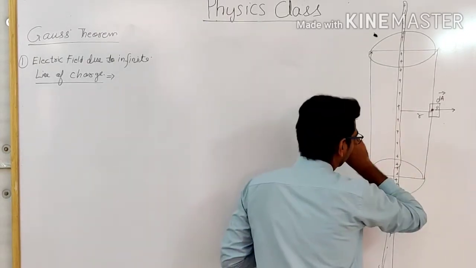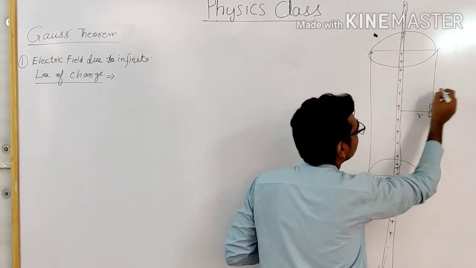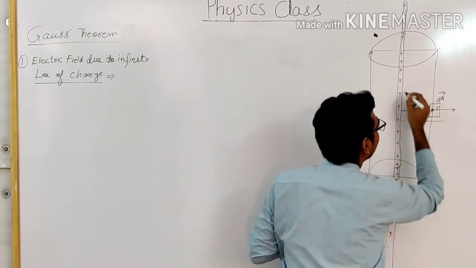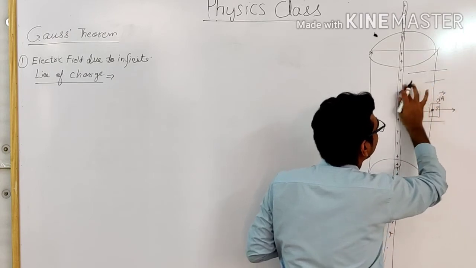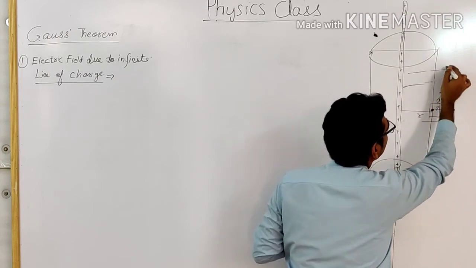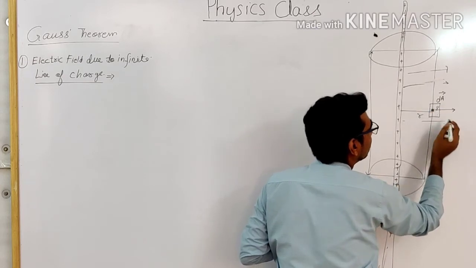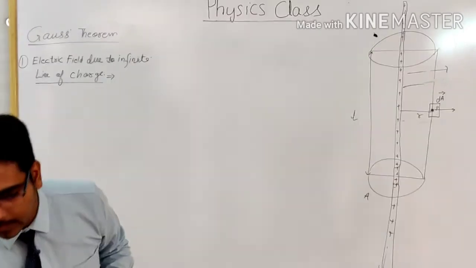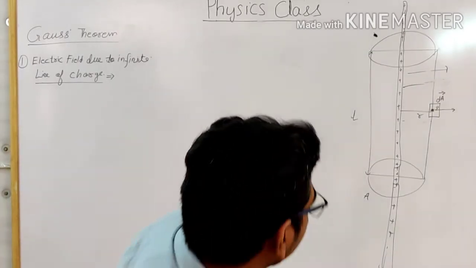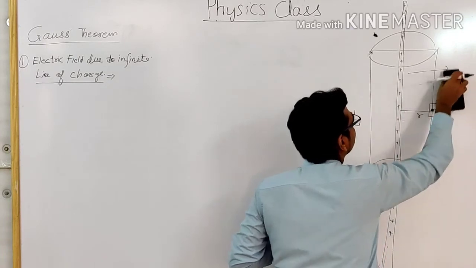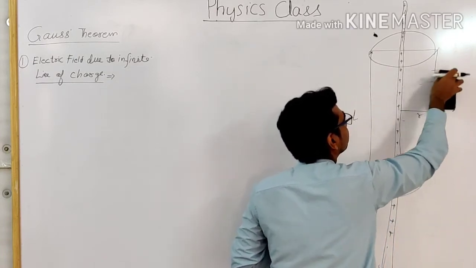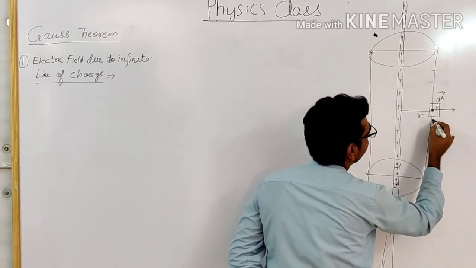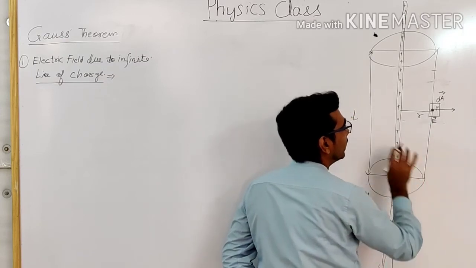So the electric field lines, due to this positive charge, the lines of force go outward. So electric field lines will be like this, not slanting, but like this. So the electric field at this point P, let that electric field, because we want to calculate that electric field, be E. These lines which I have drawn, I just wanted to show you as an example.